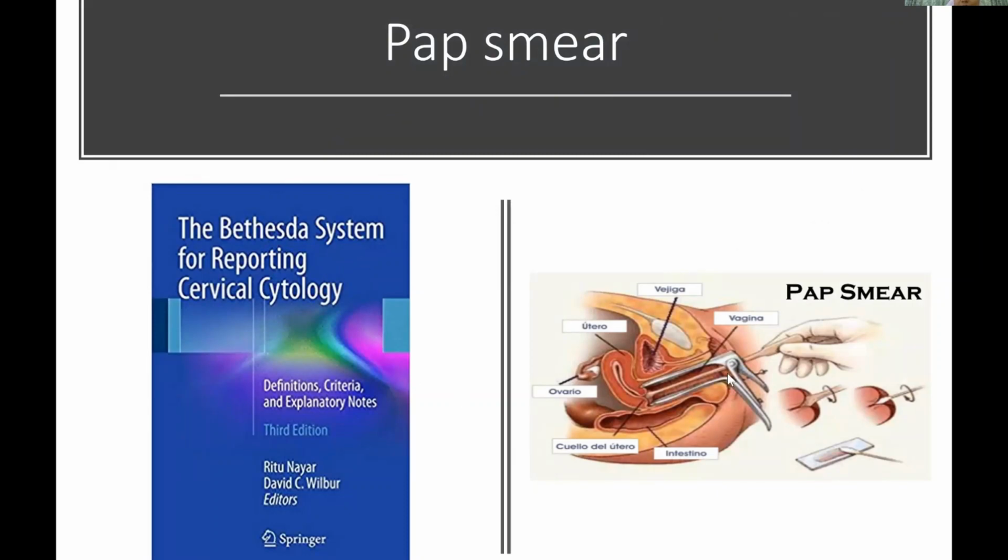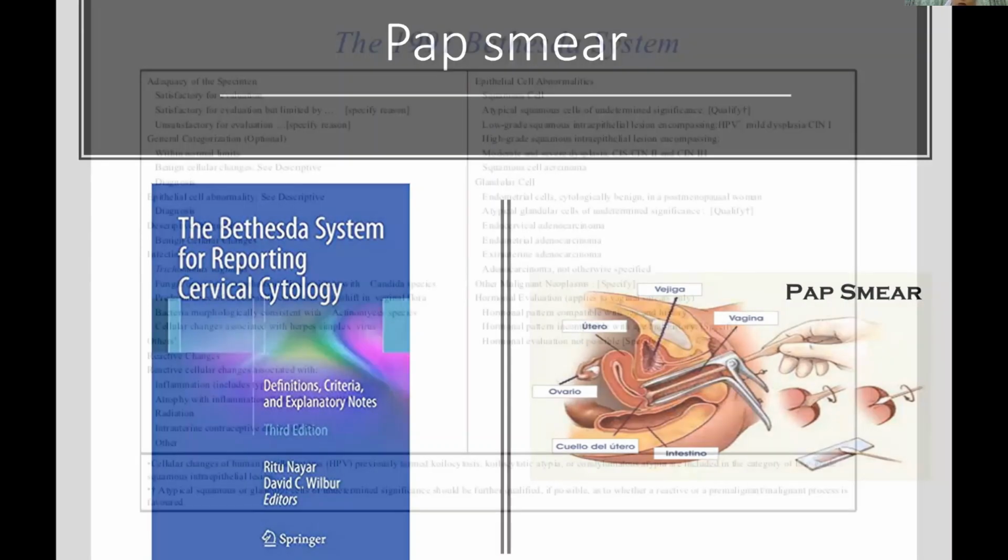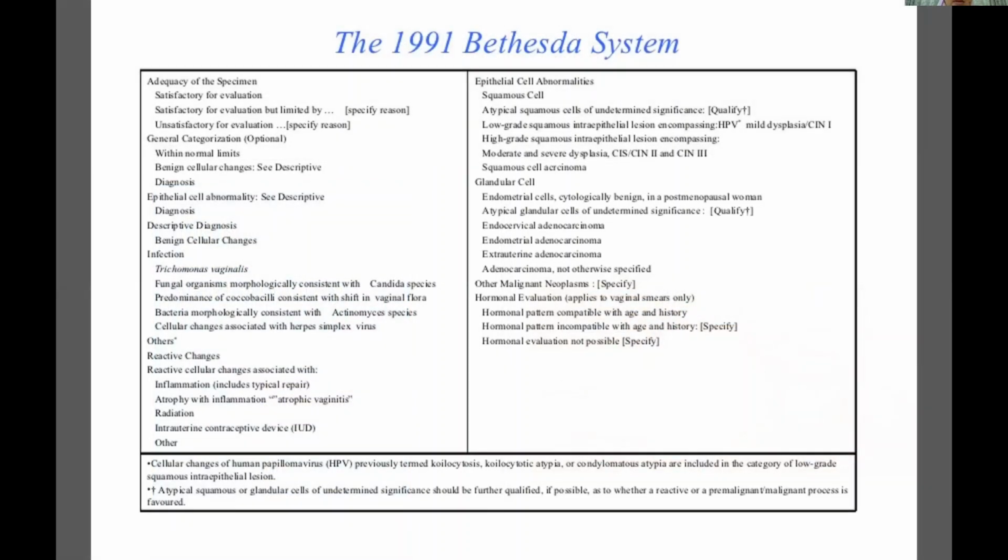Okay, this is the technique of how the doctors take the sample for PAP smear. For cytology, each organ has its own reporting criteria. For example, the thyroid has its own criteria, and the breast also has its own reporting system. So we need to follow the standard criteria.